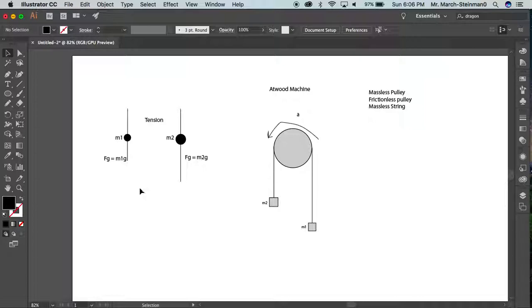So now what we say is, okay, well, based on Newton's laws, his first law says that we have no change in motion if there are no unbalanced forces. Well, that doesn't stand here because we have unbalanced forces. We have an acceleration.